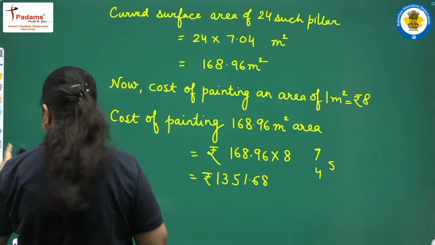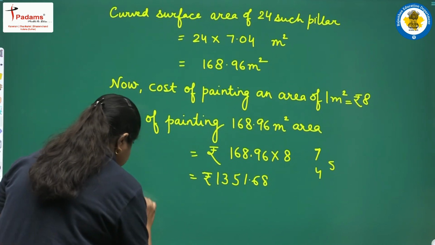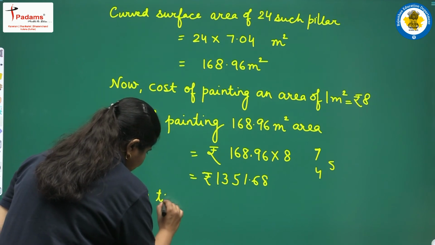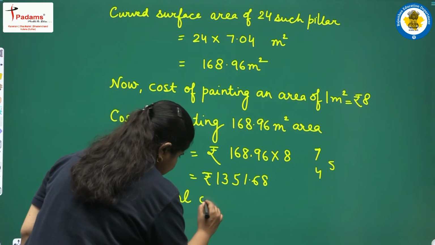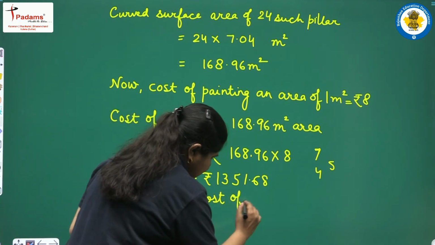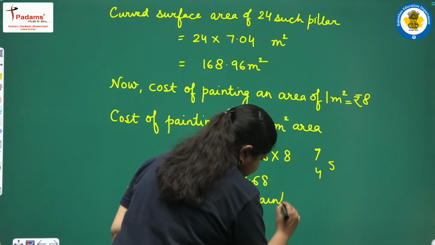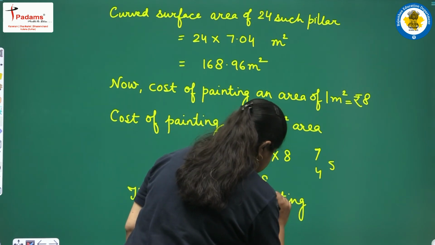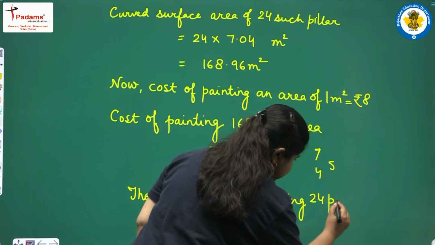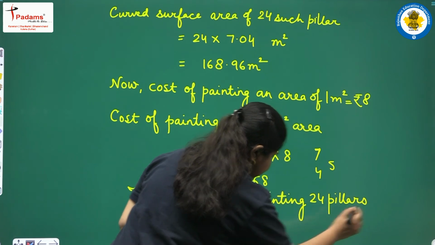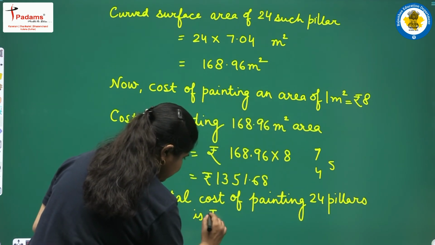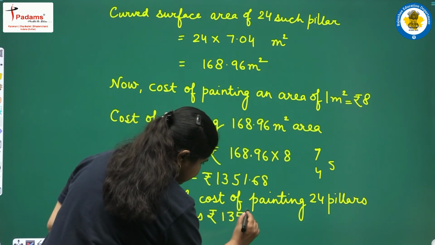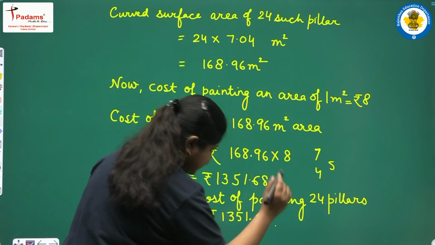So here we write the total cost of painting 24 pillars is ₹1351.68. This is the answer.